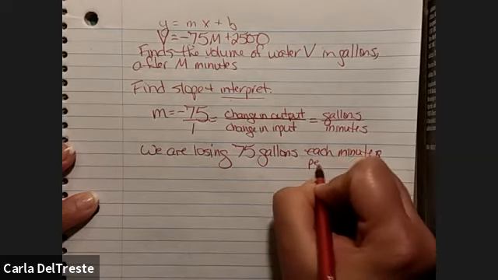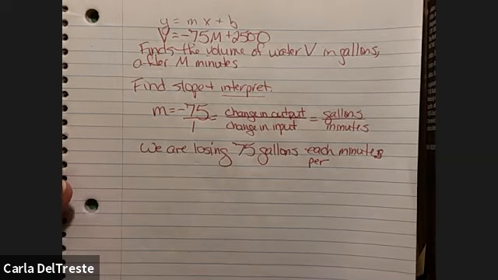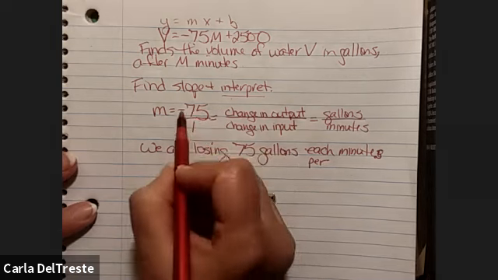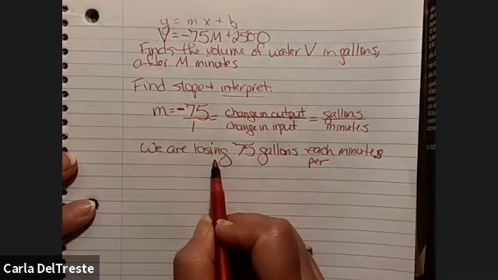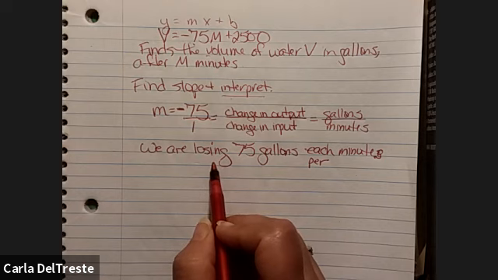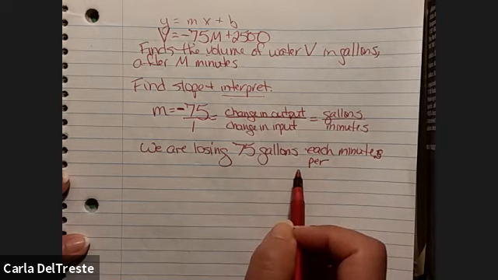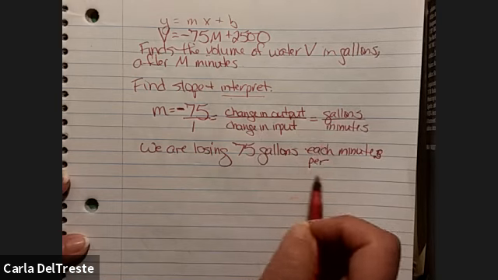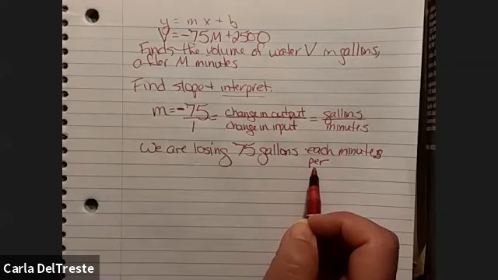Or you can use the word per. It's another nice word that goes along with slope. What's important though? The negative is being described as losing, because you have to describe if it's increasing or decreasing. And then we're describing our output and we're describing our input using this comparative word, either each or for every or per.